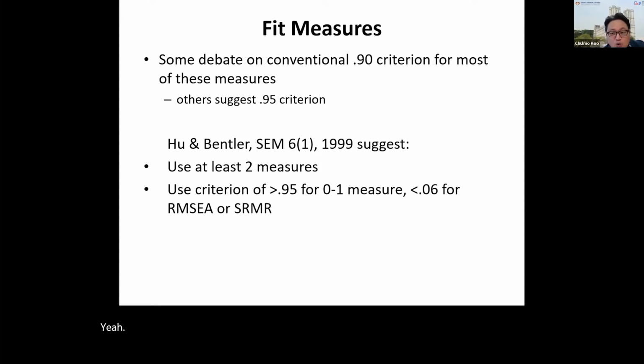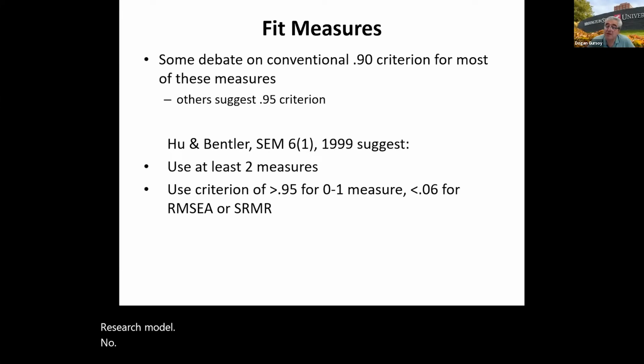What are the best and most important indexes for making an acceptable research model? We have GFI, AGFI, NFI, CFI, RMSEA, and so on, but we cannot make them satisfied overall.